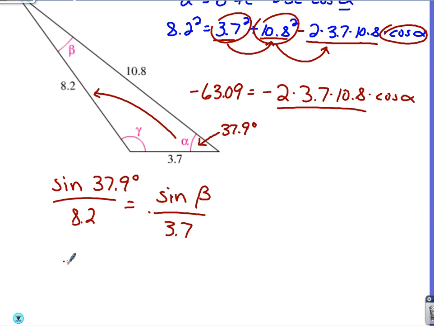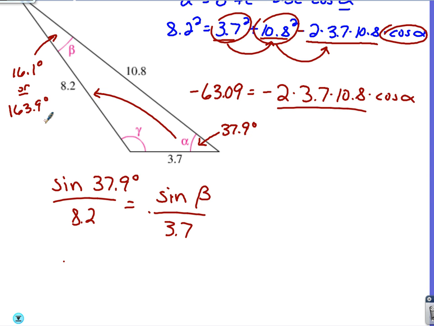So beta, 16.1 degrees. But remember, when we use law of sines, we've got to be careful, because what if there's another answer? When you do that inverse sine and you get beta 16.1, it could be 16.1 or it could be the supplementary angle, 163.9.